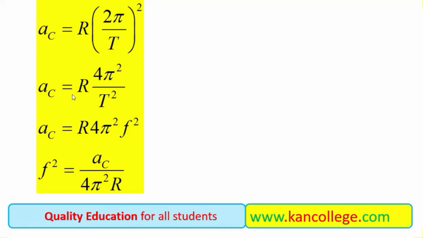By simplifying it, in the next step, 4 pi square over T square, and then we can write r 4 pi square, and 1 over T is equal to f, so f square is equal to AC over 4 pi square r.